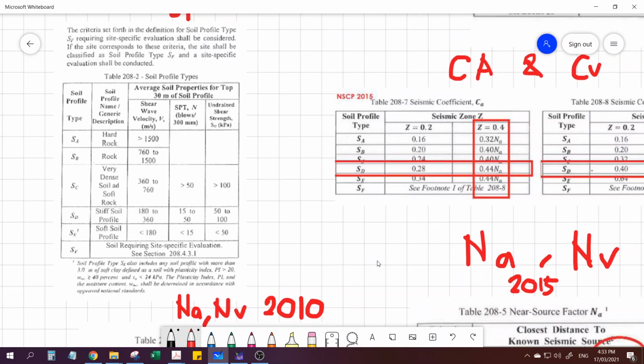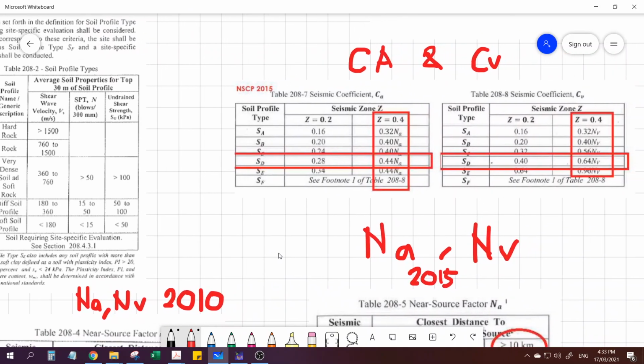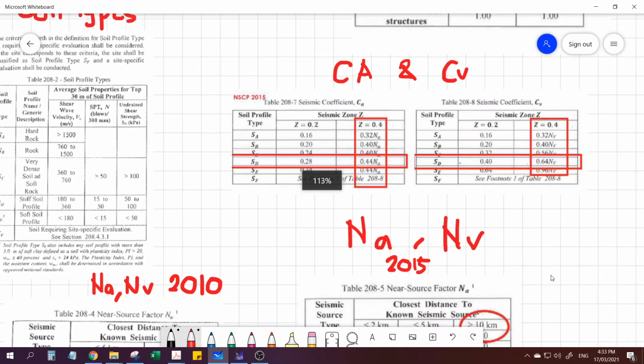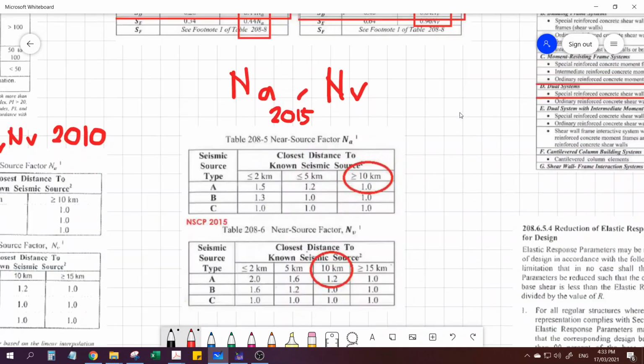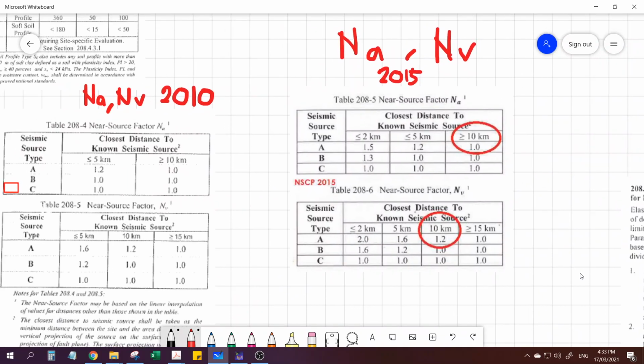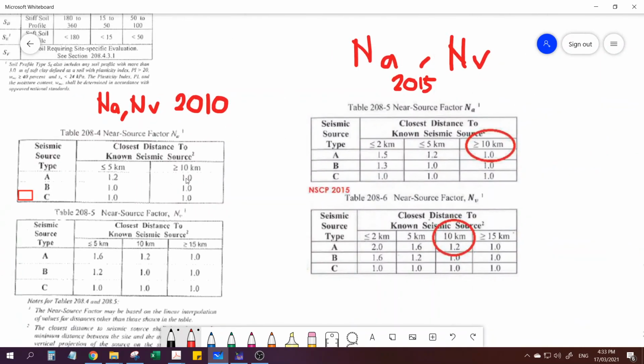Next is, you will need soil type in getting the CA and CV. So before getting CA and CV, you need NA and NV. So where's the table for NA and NV? So this is the table for NA and NV. As you notice, I compare here two tables from 2015 and 2010.